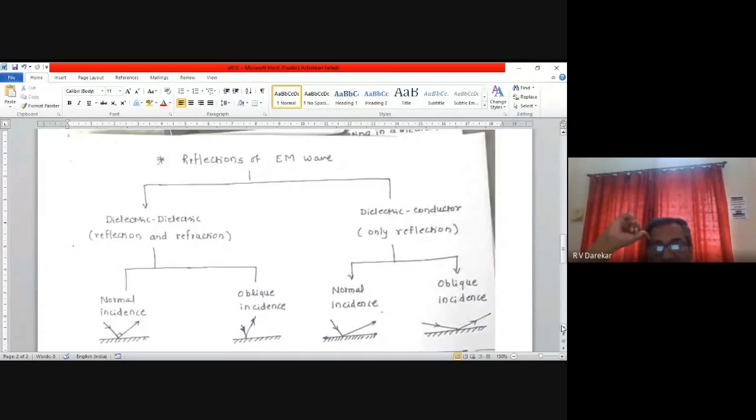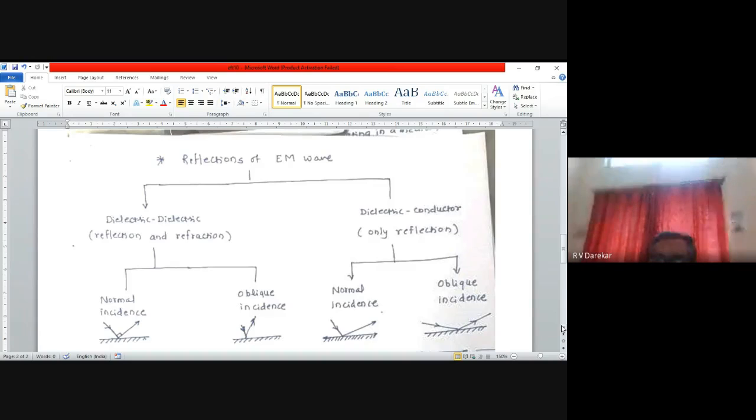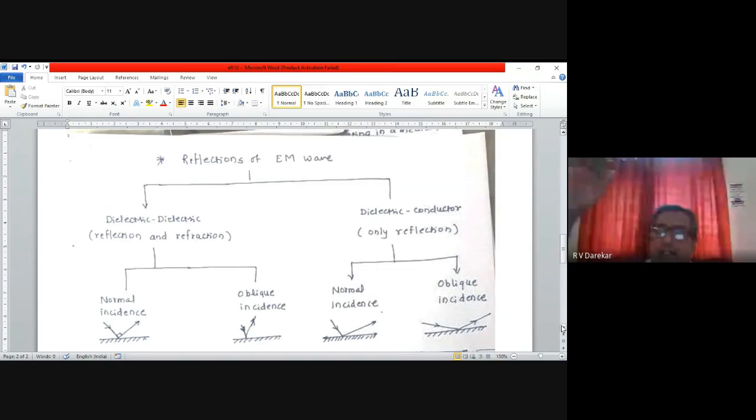So, we have seen that dielectric materials are nothing but insulators. Whenever a wave is incident on any surface, according to our previous study, we have to remember that any electromagnetic wave behaves in three ways. First, the electromagnetic wave may reflect from the surface, that is, it comes back out of the surface as in the diagram in front of you.